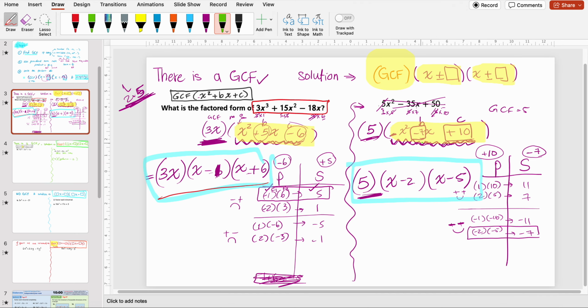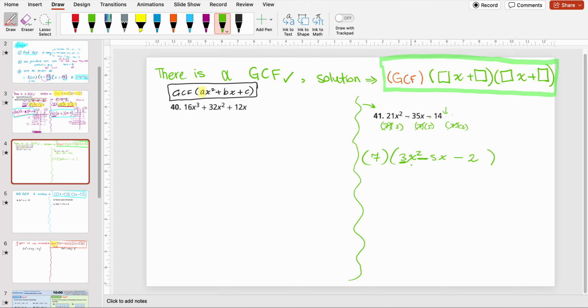Before, I used to have x squared alone. But now I have a coefficient for x squared. This coefficient is called a. This one will ruin everything. The b is negative 5, the c is negative 2. So a is 3, b is negative 5, c is negative 2.